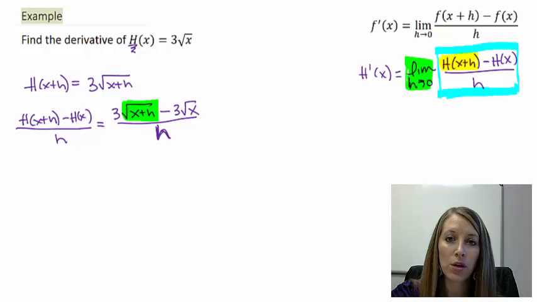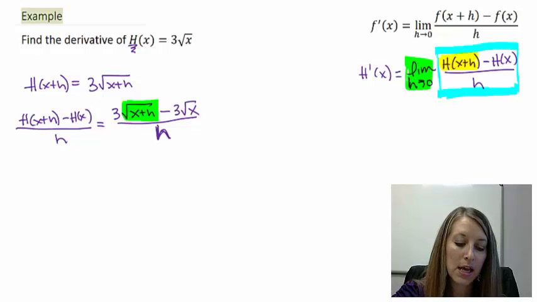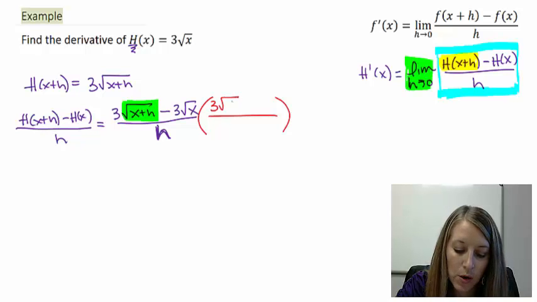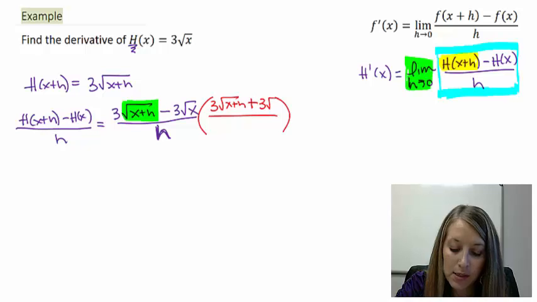What process did we use? The process that we used was we rationalized. So we're going to use that exact same process here. 3 times the square root of x plus h plus 3 times the square root of x. And if I do it in the numerator, then I have to do it in the denominator as well.